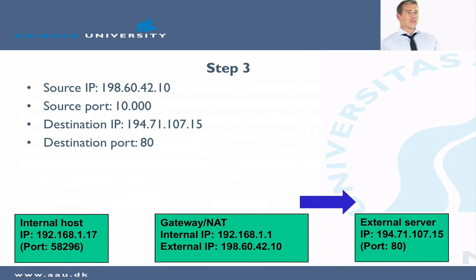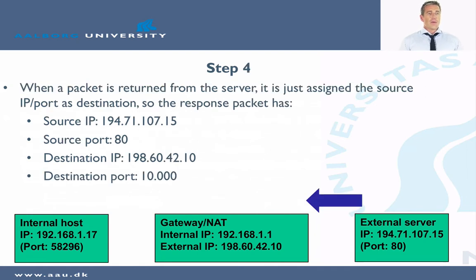When we make the response, the external server doesn't know anything about the packet coming from a host behind a LAN. So it will put the source IP and the source port of the external server, and it will put the destination port and the destination IP to what was the source port and source IP from before. So now we will send it back to the gateway, with 10,000 as the destination port.